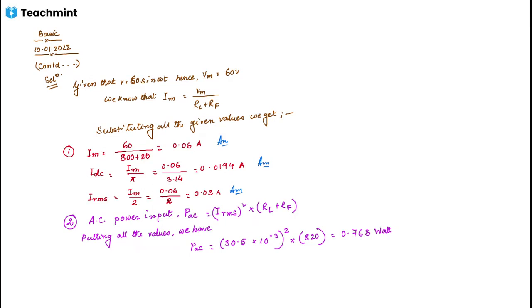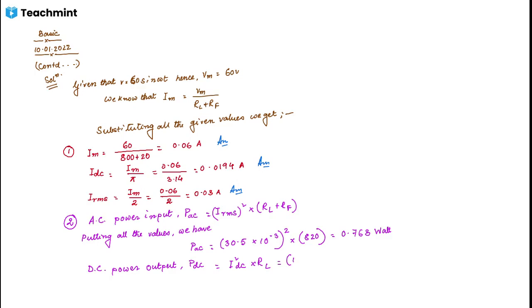Then I need the DC power output. So DC power output, that is P of DC, that is equal to I square DC into RL. So this is the I square DC value, I am putting it here.